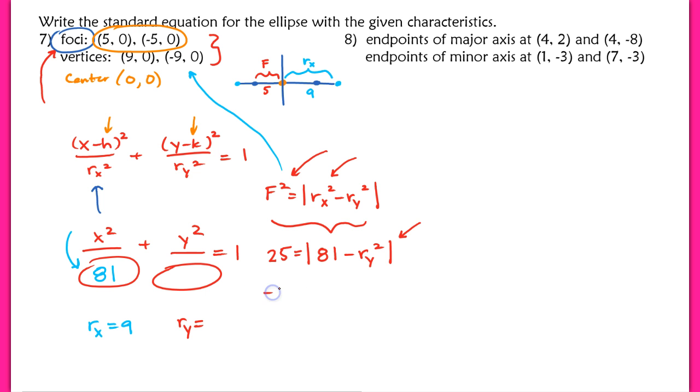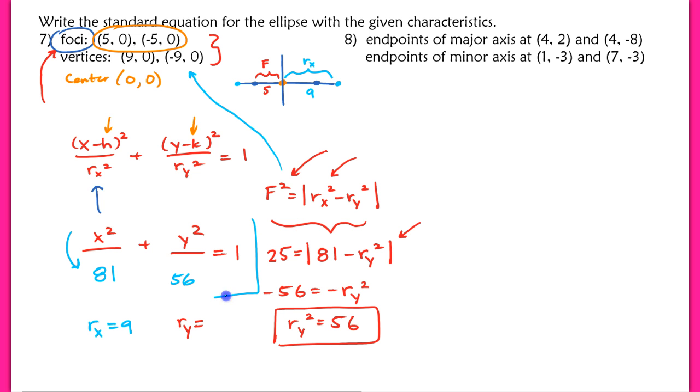I end up with negative 56 equaling negative r sub y squared. So obviously if I solve for r sub y squared, I do get positive 56. Okay, so if I come back now to that general equation here, I'm going to substitute in for r sub y squared a value of 56. So this here is now the standard form, the general equation for that ellipse.